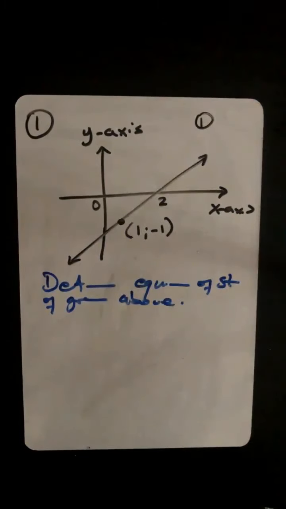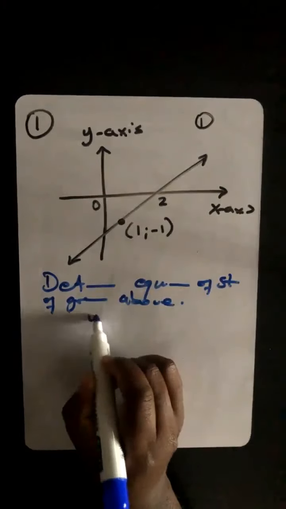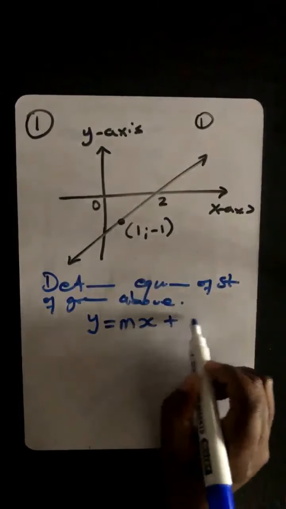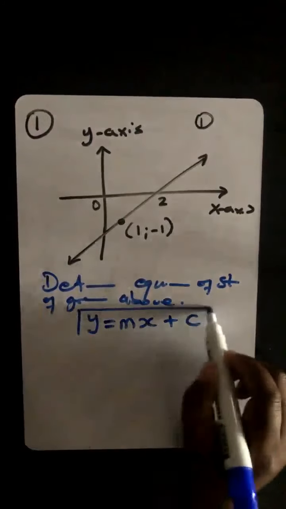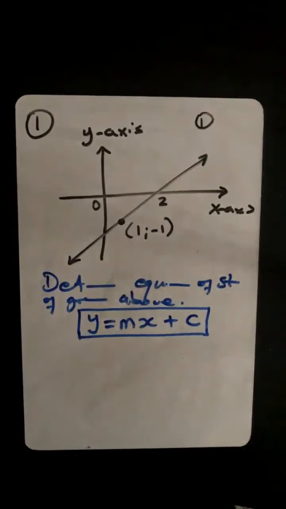It is a straight line. So now that you've got a straight line, what is the general formula for a straight line? We know it's y equals mx plus c. Very, very important, ladies and gentlemen. This is the general formula for a straight line.